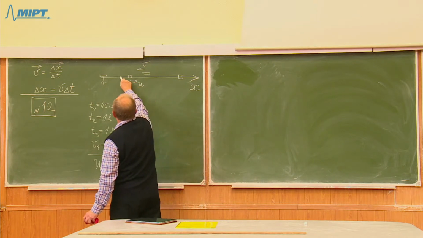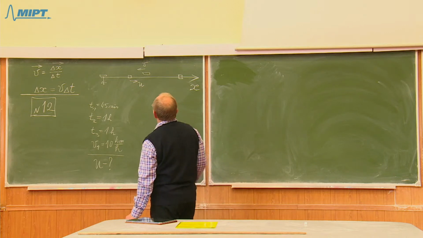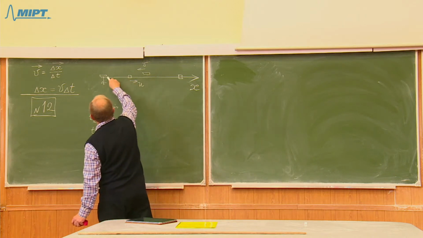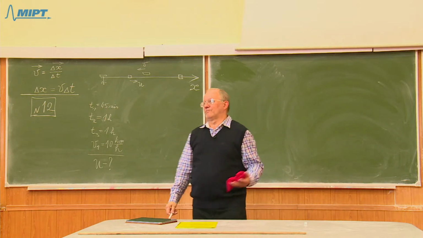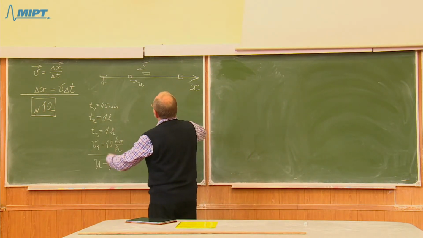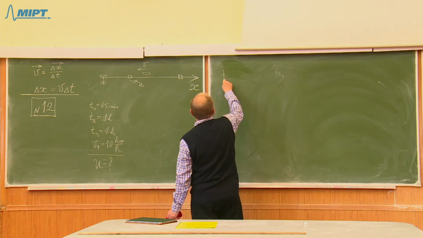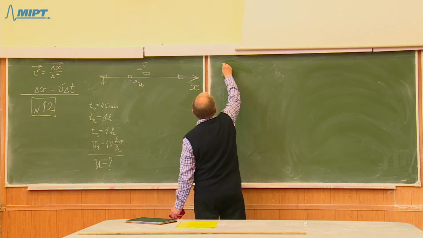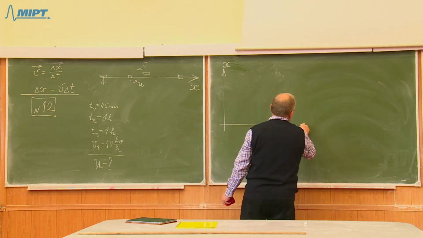So any displacement to the right along this axis will be positive, and displacements in the opposite direction, that is up the river stream, will be negative. And then, as these events develop in time, I will have to draw a graph of x versus time.